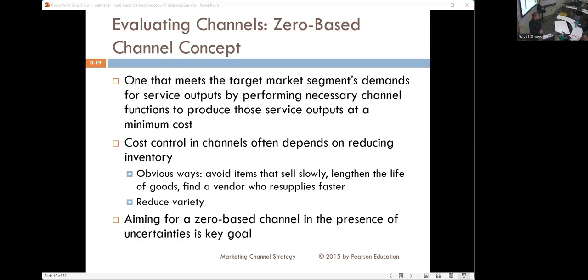What you wish to do is perform the necessary channel functions to produce service outputs at a minimum cost.